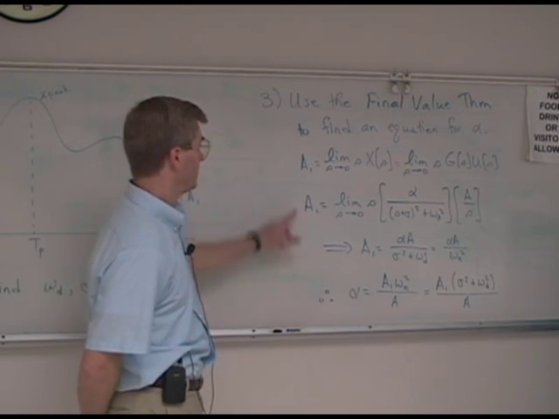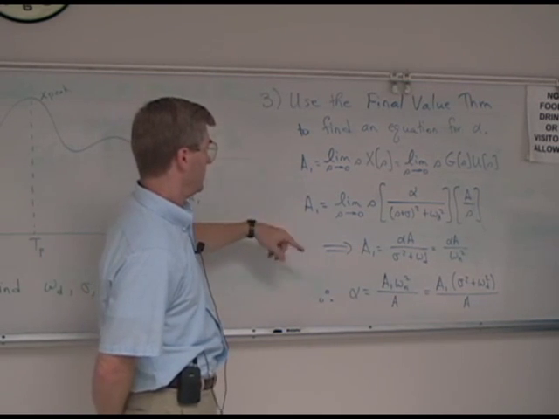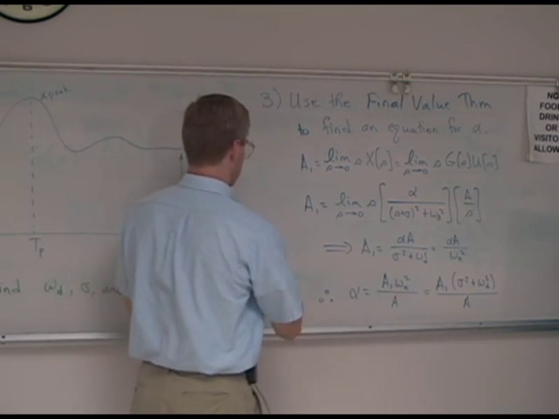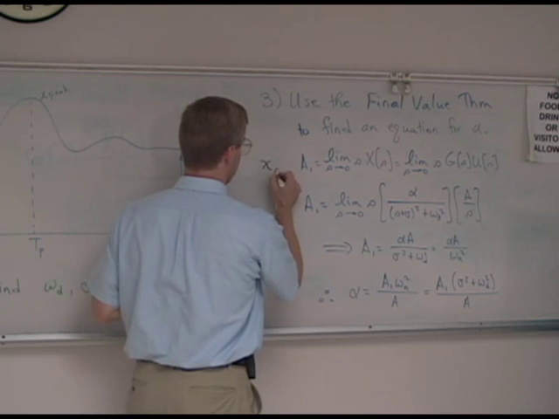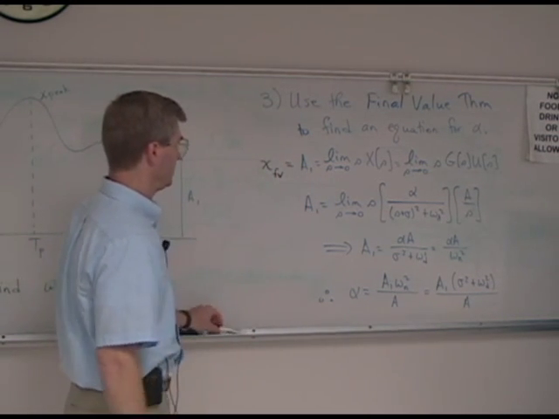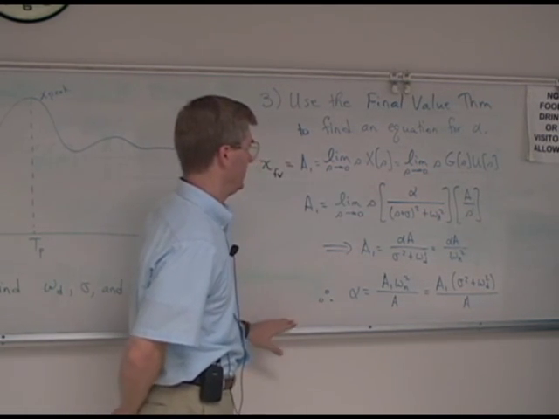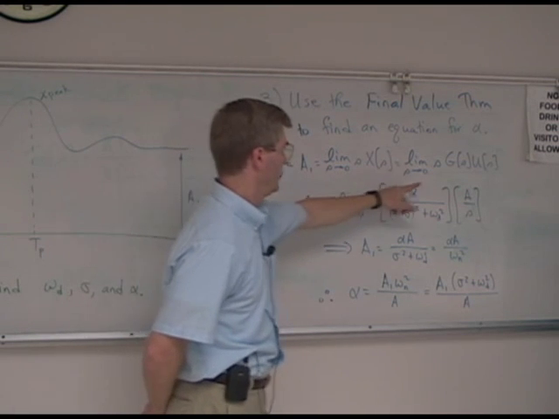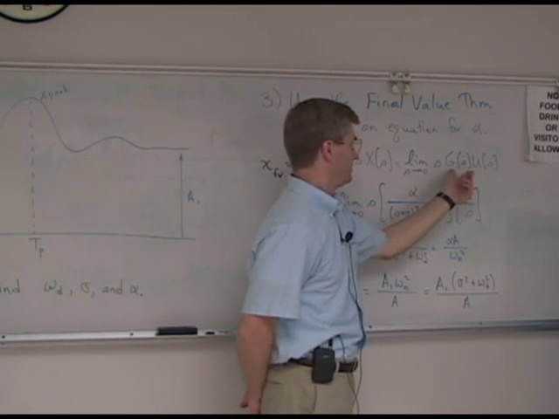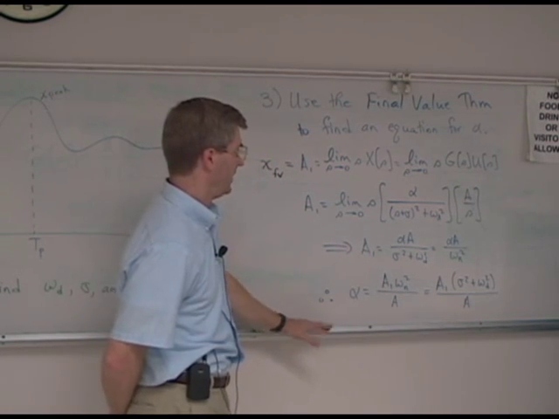G of s. The final value theorem says that this a1, or the final value of our position, is equal to the limit as s goes to 0 of s times X of s. X of s, remember, is the system G of s scaled by the step command U of s.